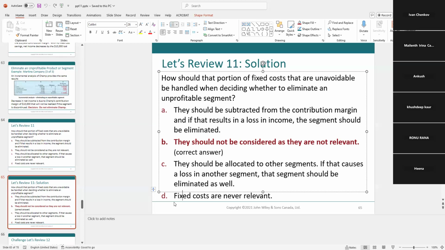So the fixed cost is not always irrelevant. Sometimes you have to consider it only to the extent of how much of the fixed cost I can save. So in this case, since those are unavoidable, they shouldn't be considered. But if they're avoidable, then we can consider them.